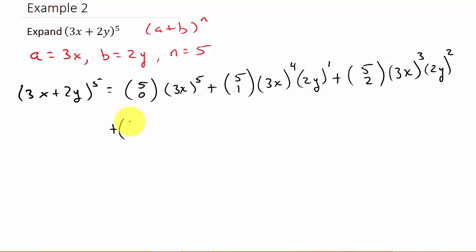Plus combination 5 choose 3, times a to the what? This was a to the 3rd, so this is going to be a squared, times b to the what? To the 2nd here, so that's to the 3rd.